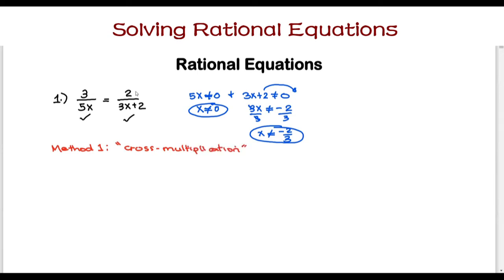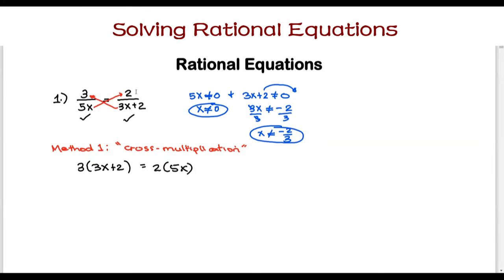So, paano ginagawa ang cross multiplication? Ganito. Ito, i-multiply nyo doon, and then ito, i-multiply nyo naman dito. So, what do we have? 3 times 3x plus 2 equals 2 times 5x.